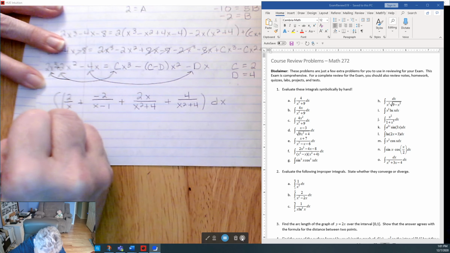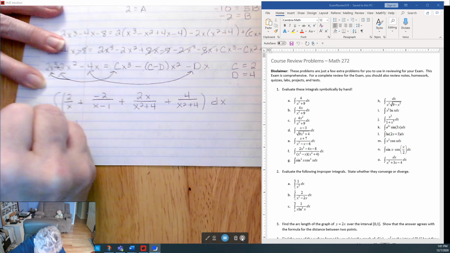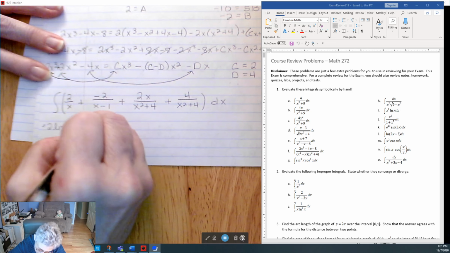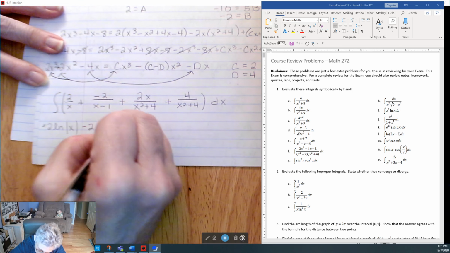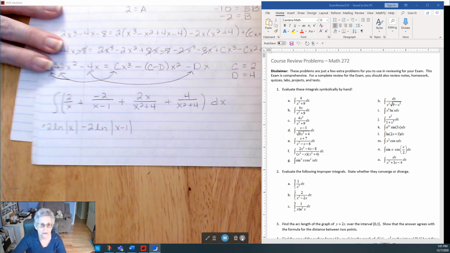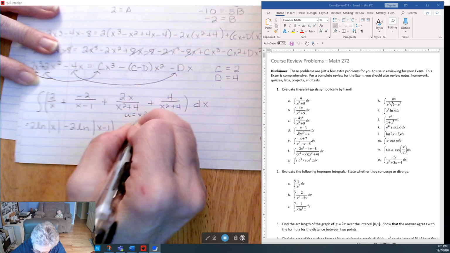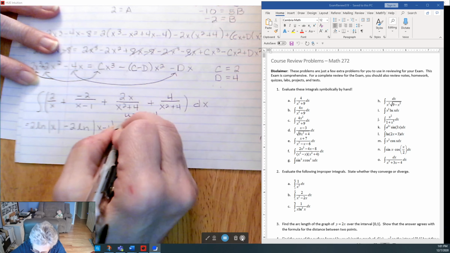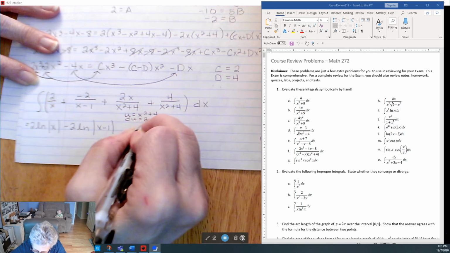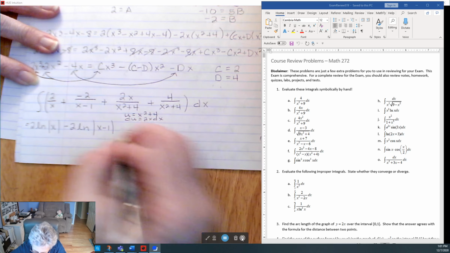This one's 2 times the natural log of the absolute value of x minus 2 times the natural log of the absolute value of x minus 1. U is equal to x squared plus 4. So du is 2x dx.